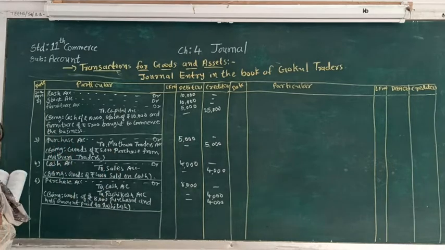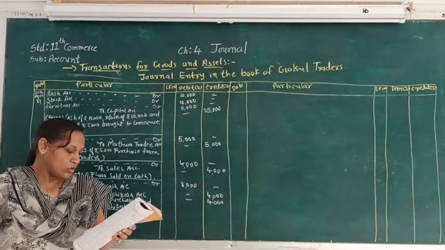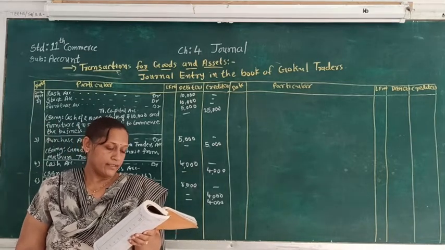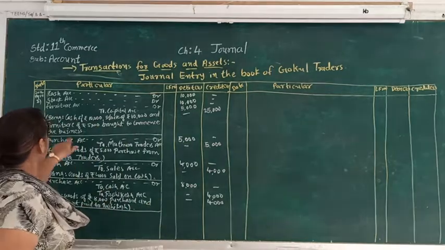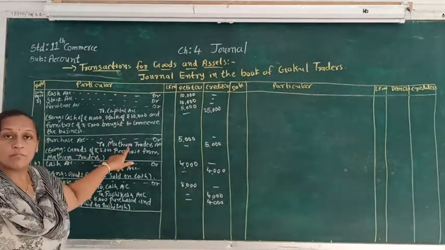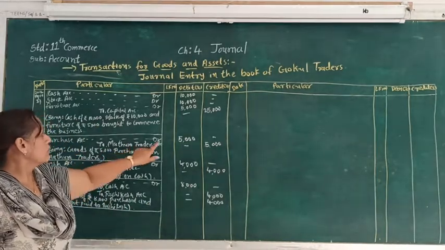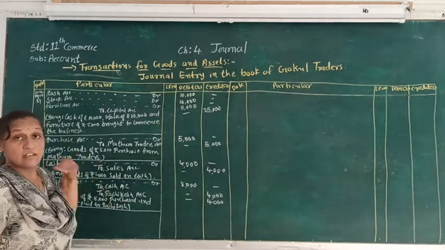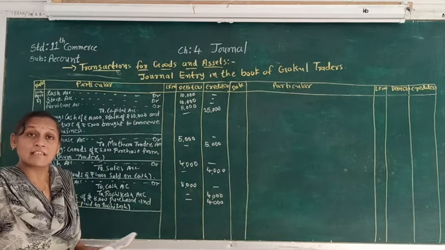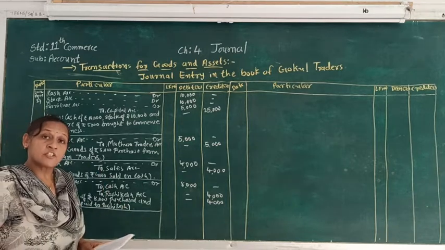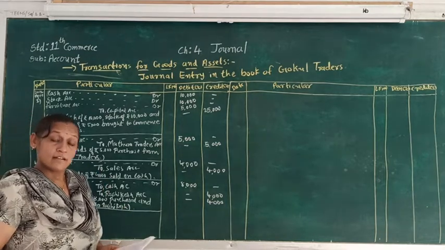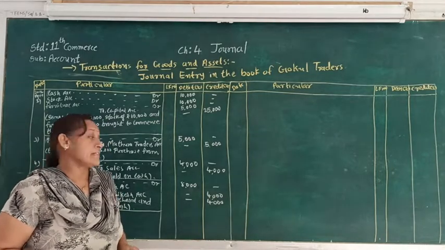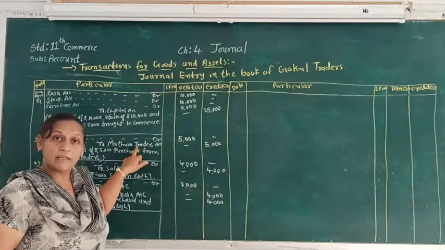Our next journal entry will be goods of rupees 1,600 returned to Mathura traders. See, here we have purchased goods of rupees 5,000 from Mathura traders. From that we have returned goods of 1,600. So this is a purchase return, and when we are returning, the purchase return account is going to be credited and Mathura traders account is going to be debited.